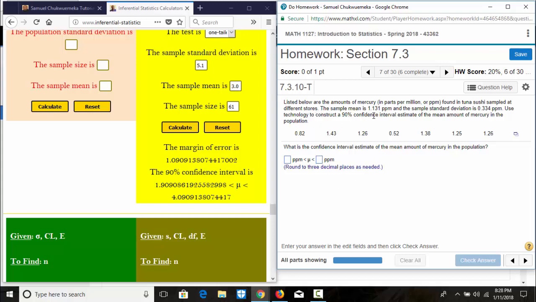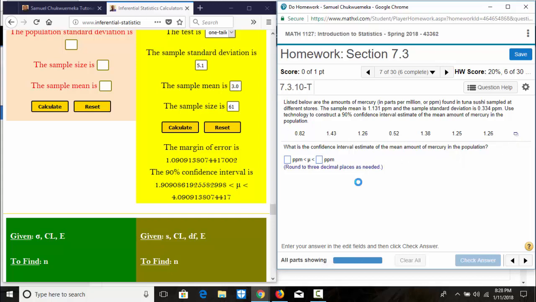The sample mean is 1.131 parts per million, and the sample standard deviation is 0.334 parts per million. Use technology to construct a 90% confidence interval estimate of the mean amount of mercury in the population. So we're going to use Statcrunch here.